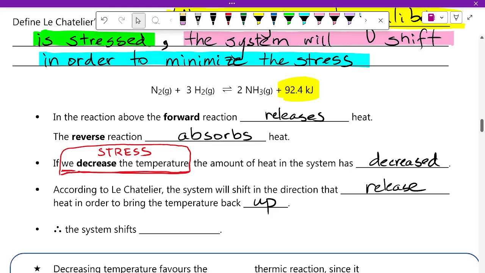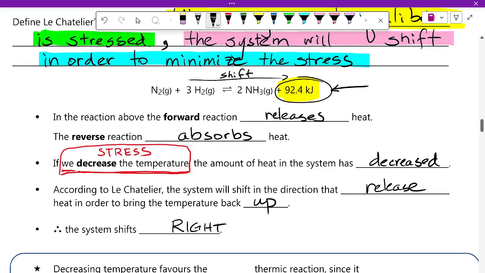And if we're shifting in the direction that releases heat, the system is shifting to the right. Yes? So here's our shift. We are releasing these kilojoules here. Remember, this right here is kinetic energy.